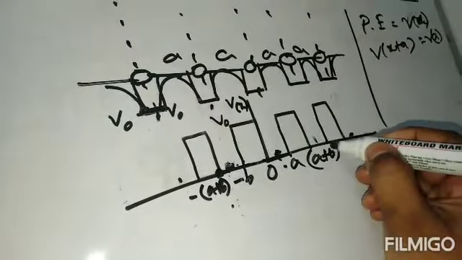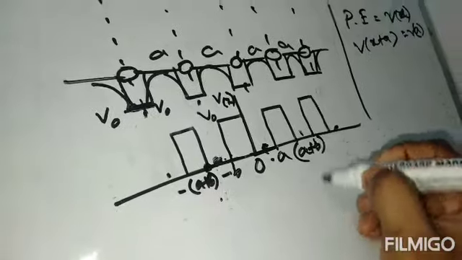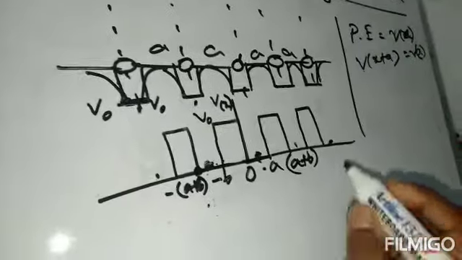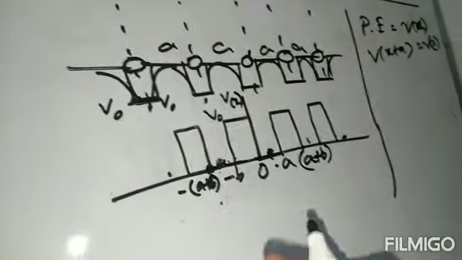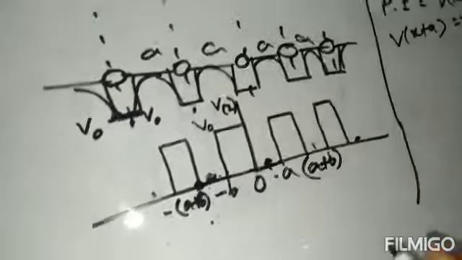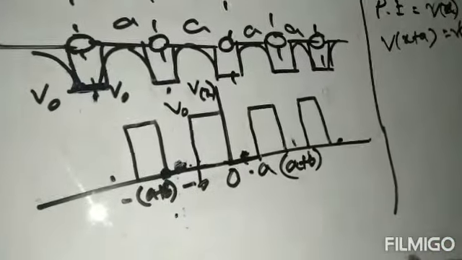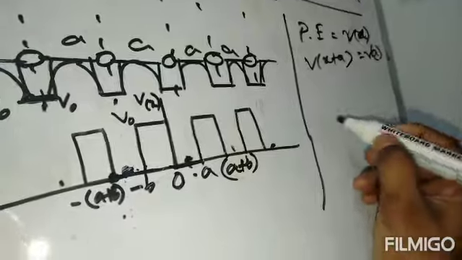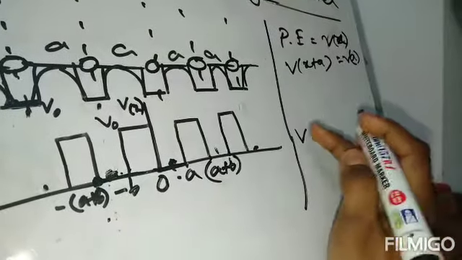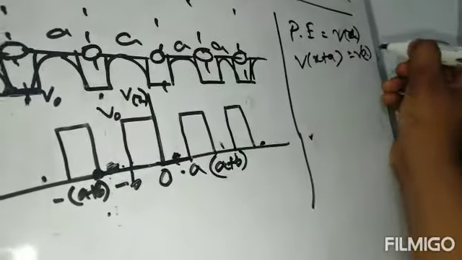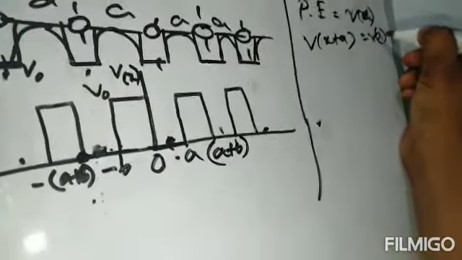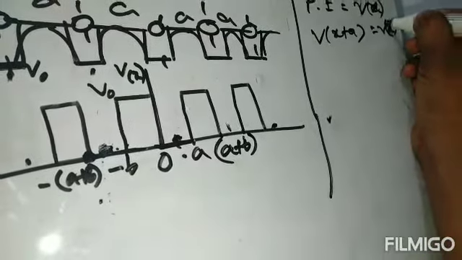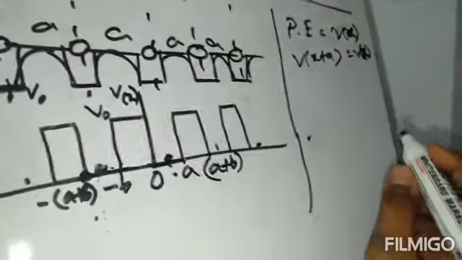For this square potential, the potential is V(x). Sorry, here I wrote V(a), this should be V(x). By mistake I wrote this.